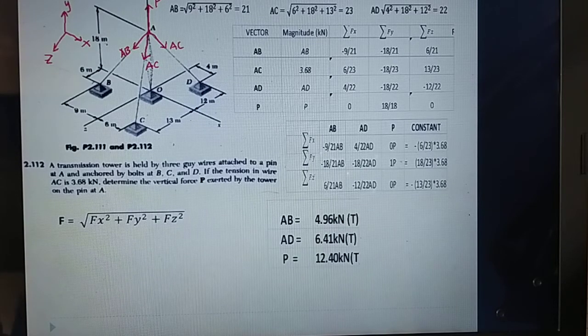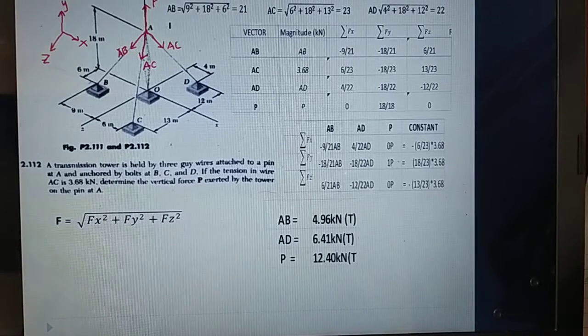So get the length of wires AB, AC, and AD. The length of the wire AB is 21 here, because from point A we have 9 going to the left, and z from A towards us 6, and y 18.